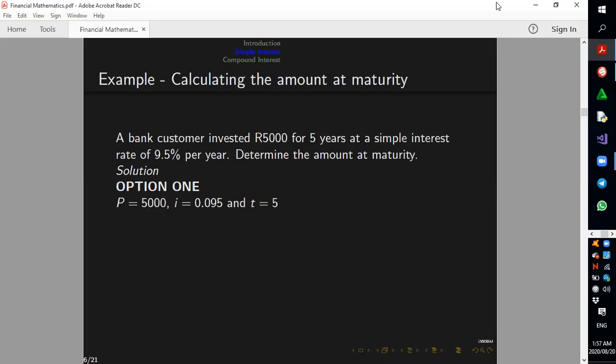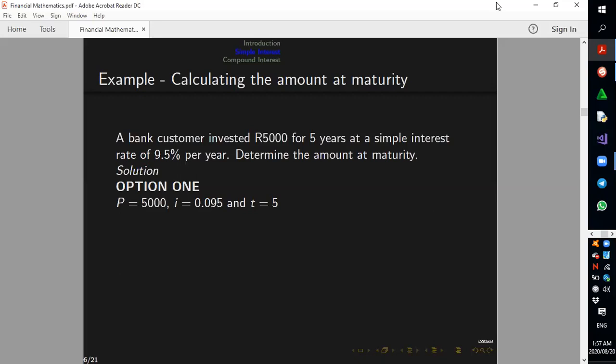And then we've got I, which is 0.095. We remember how to convert 9.5% to decimals. And then we've got T, which is 5. Now, it is very important that I note the part where I say T is always in years. It never changes. T is always in years.